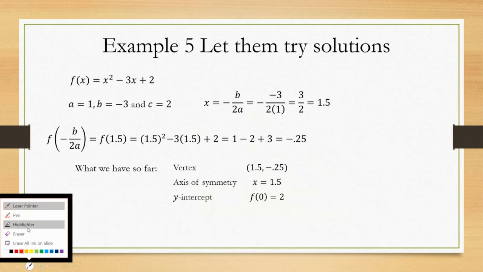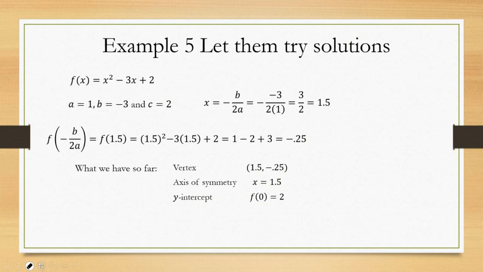Okay, so what's the vertex going to be? Well, the next step is you're always going to calculate negative B over 2 times A, because we want the vertex. So that's going to be negative 3 over 2 times 1. But basically, when you do that, you get 3 over 2, which is 1.5.